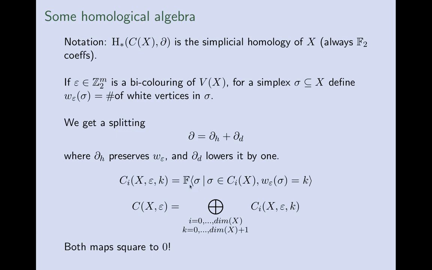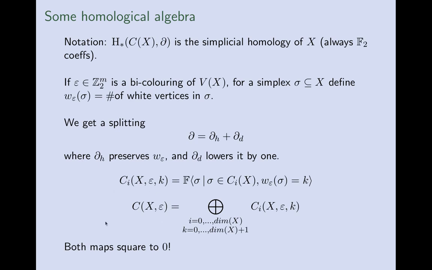This is just going to be the span over all simplices sigma inside x of dimension precisely i, and whose epsilon weight is precisely k. In some sense we are taking the underlying module of the simplicial chain complex of x, and we are giving a bigrading to all of its elements. Basically, we're passing from a one-dimensional thing to a two-dimensional thing. We'll see one example in just a second.